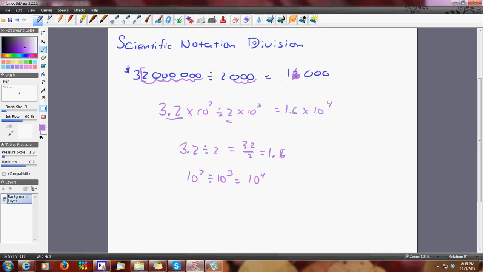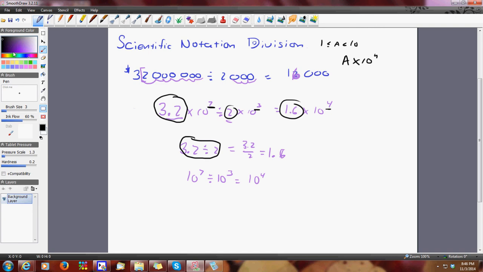So my point is, if you're dividing, all you do is you divide the first numbers, which are your A values in scientific notation, and then you subtract your exponents.